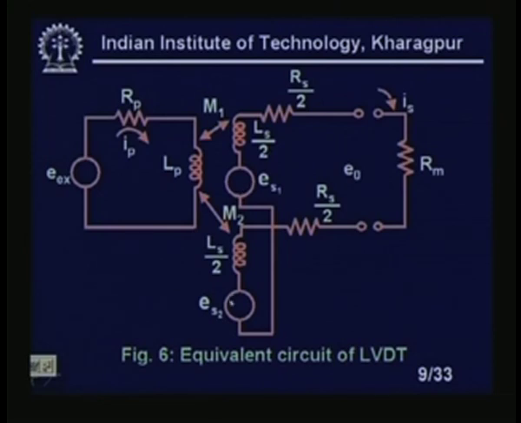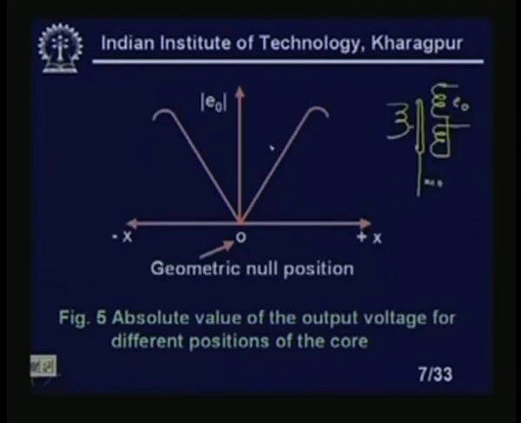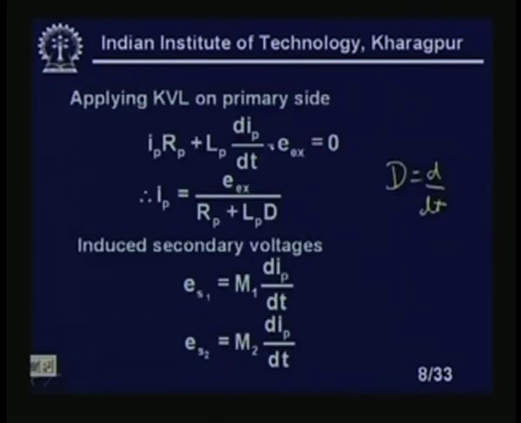So, this is the induced secondary voltage. This is our actual equation. The induced secondary voltage, this is applied on the primary side, but on the secondary side this will induce a voltage like this one, Es1 equal to M1 into dIp by dt, and Es2 equal to M2 dIp by dt. Okay. So, all with respect to the primary current, right.